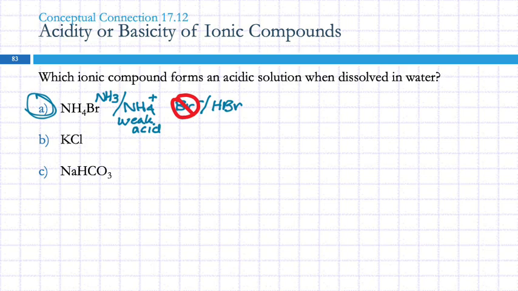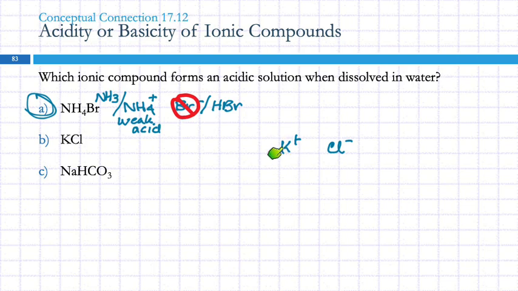Now this said singular, which compound, right? Let's just double check these other two. KCl, K+, Cl−. For the positive ions, the three categories were counter ion of a strong base, conjugate acid of a weak base, or small highly charged metal.